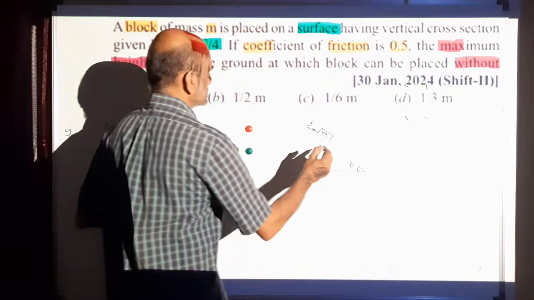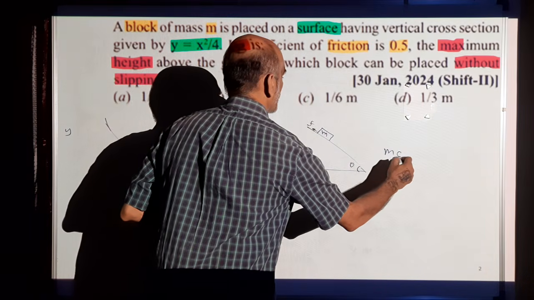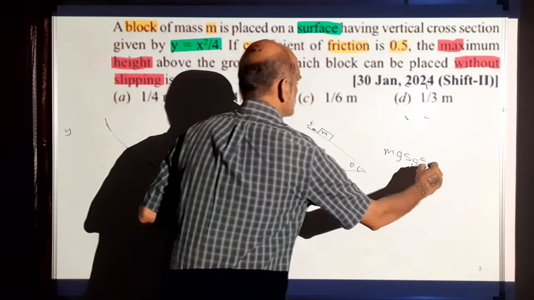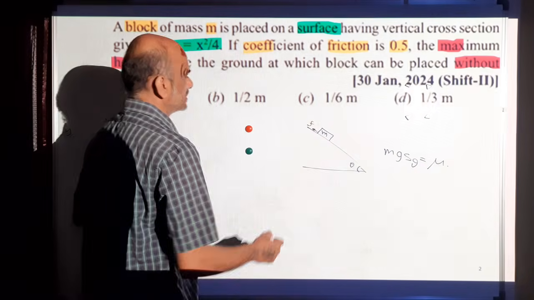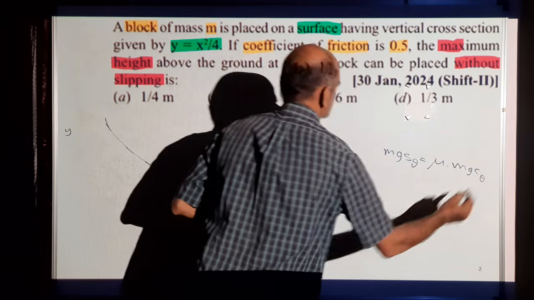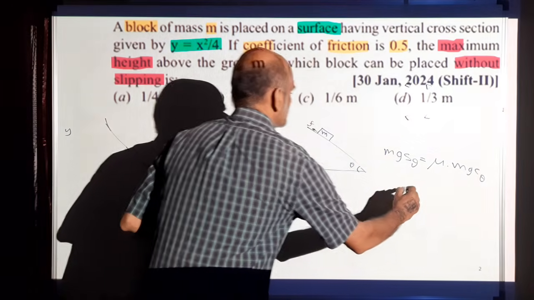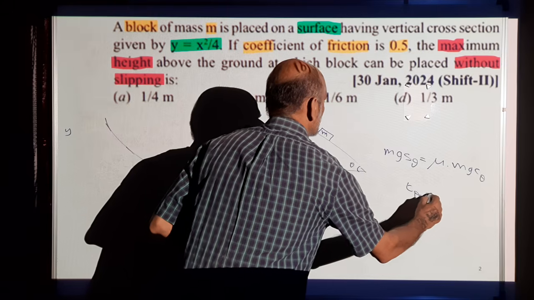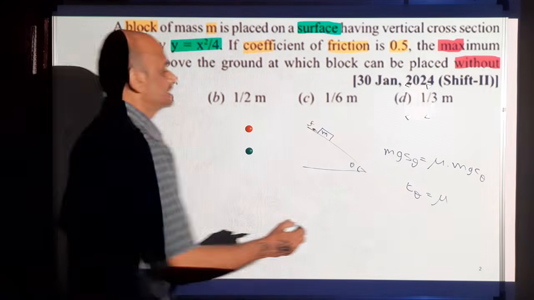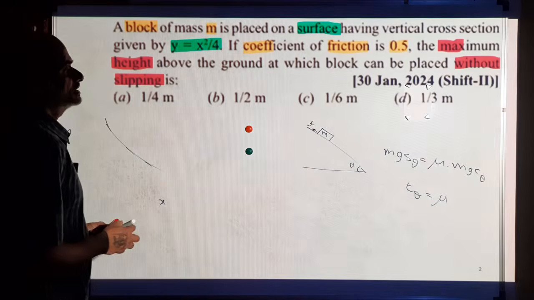The downward force, which is mg sine theta, will be balanced by this friction force, which is mu times the normal reaction, which is mg cos theta. So from this we get tan theta equal to mu. So if theta is greater than tan inverse mu, then the block will start slipping.